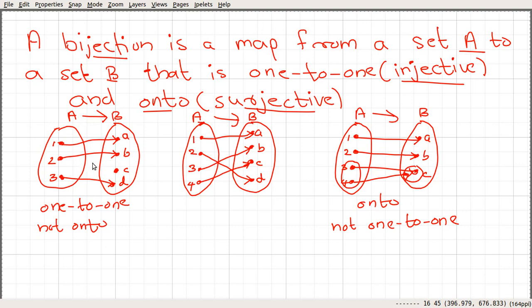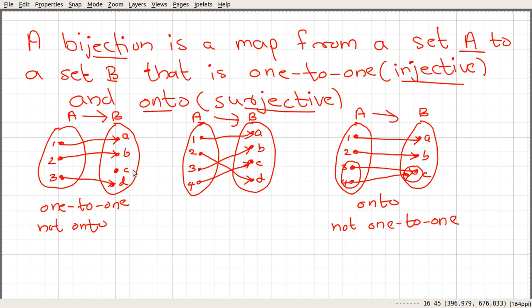So if you look into this first map, you can see that it is one to one. No two distinct elements of this set are mapped to a particular element in this B. So because of that this is one to one, but here we can see that this map is not onto.